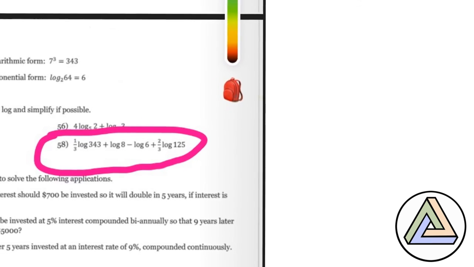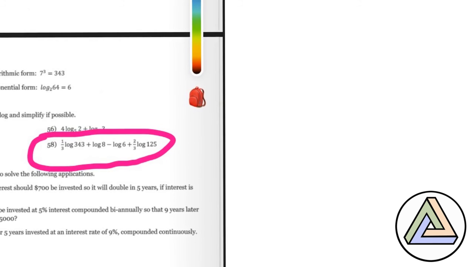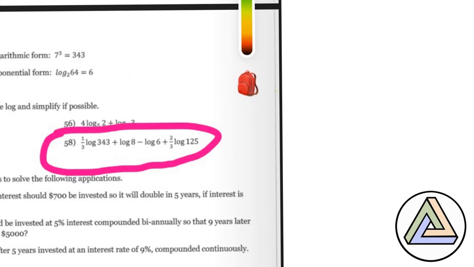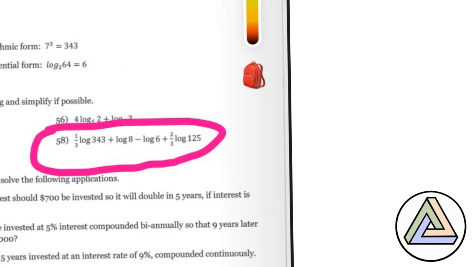So this is like consolidating, or maybe there's a better word for it, but it's the opposite of expanding, that's for sure. This is one of those problems that tests your ability to recognize the utility of this property, where you could expand this to become that, and vice versa.